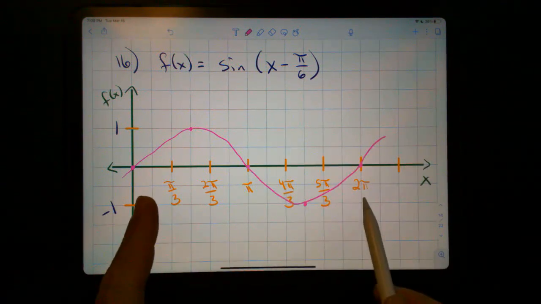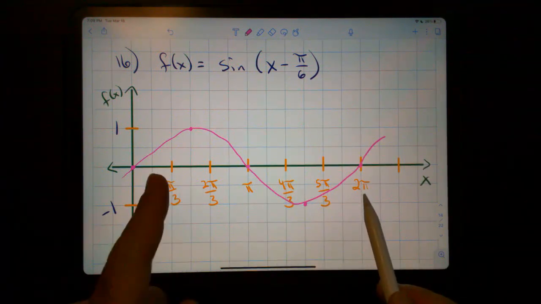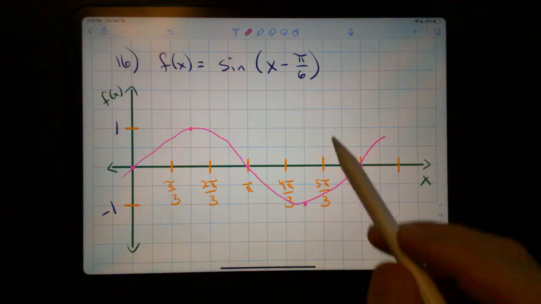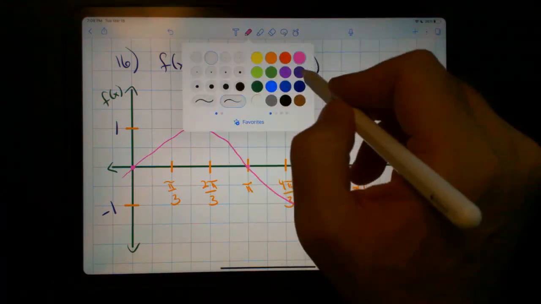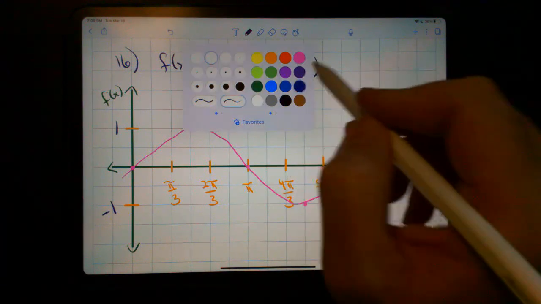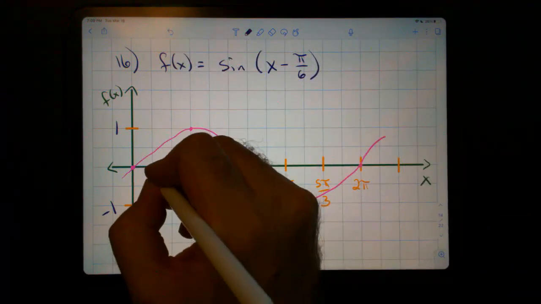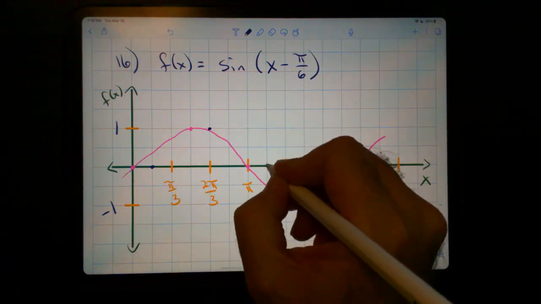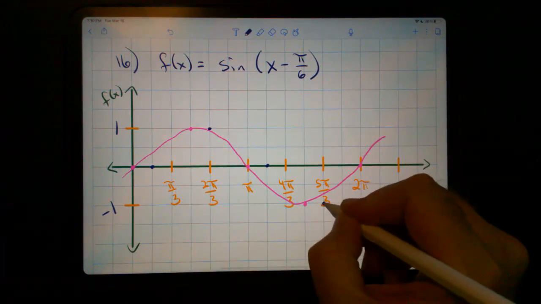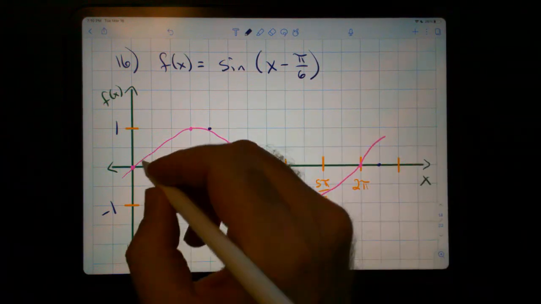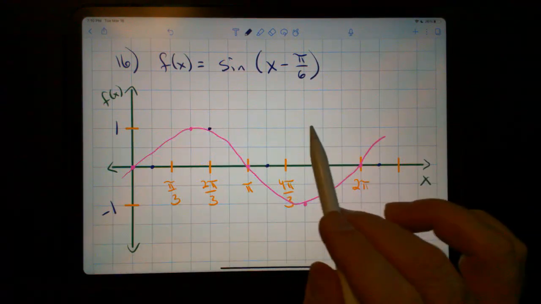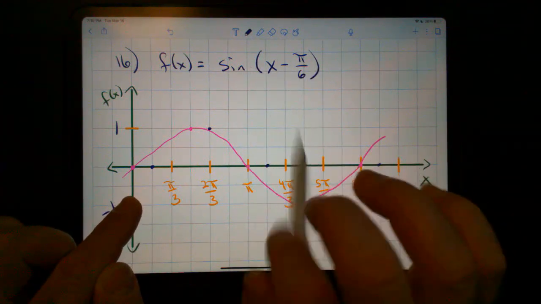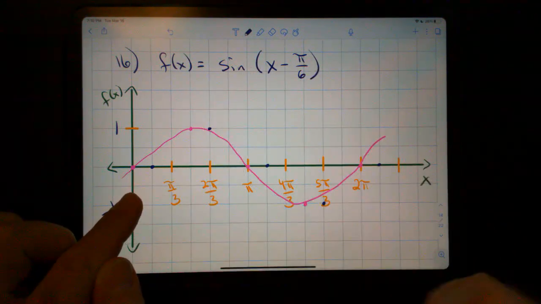That's why I spaced it as such, because this is 12 parts, so that pi over 6 units will be halfway between the two. So this is going to shift the graph. Let me go with that color. When x is 0, we're looking at sine of negative pi over 6, which is negative 1/2.